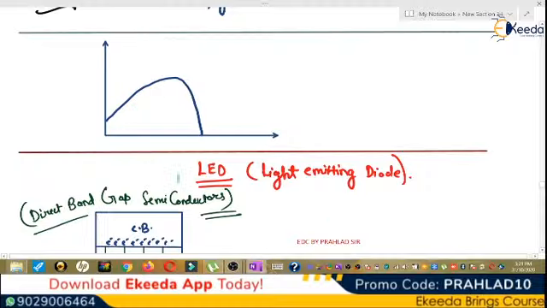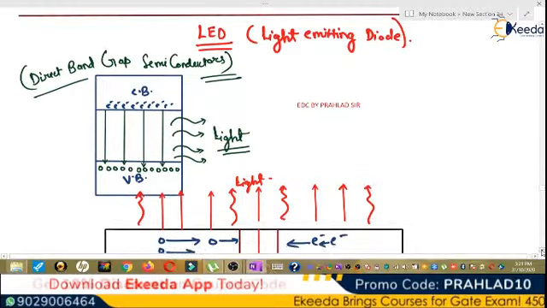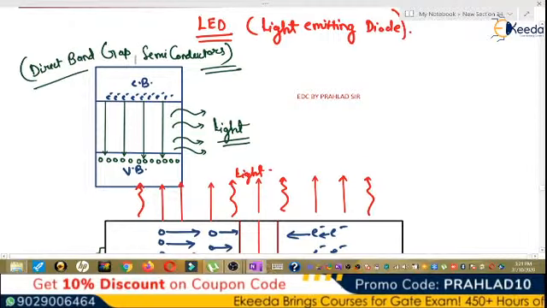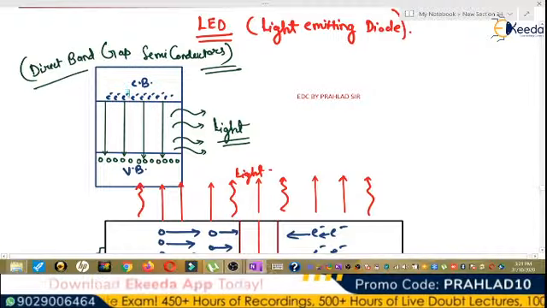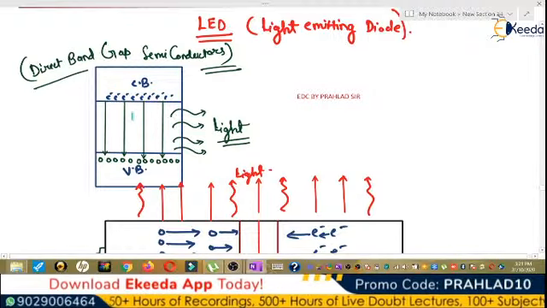Now we talk about LED, which is light emitting diode. LED is made up of direct band gap semiconductors, in which when recombination takes place, when electrons go from conduction band to valence band, then the extra energy is emitted in the form of light.